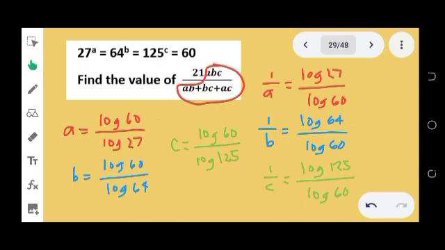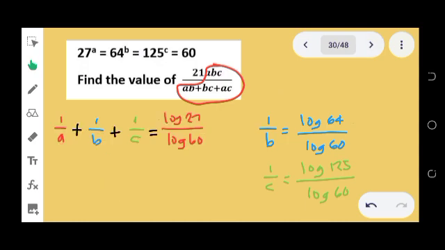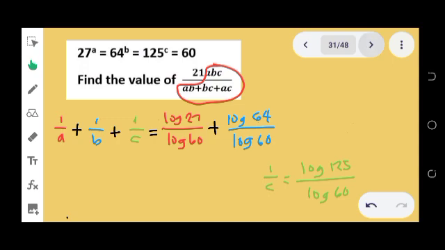Now, to solve for the values of 1 over A plus 1 over B plus 1 over C, we add them as well. We now have 1 over A plus 1 over B plus 1 over C is equal to log of 27 over log 60 plus log 64 over log 60 plus log 125 over log 60.